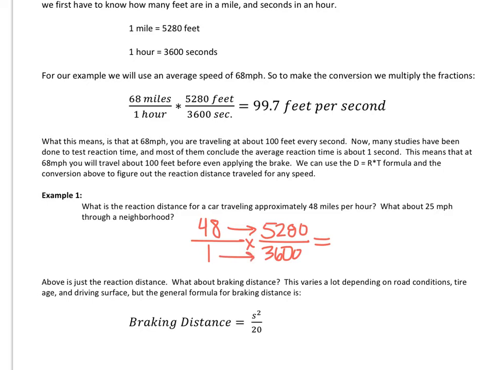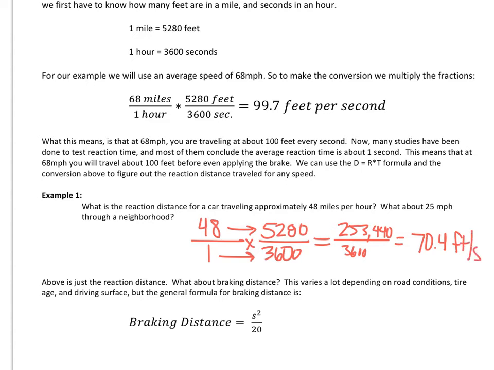And when you multiply fractions, you just simply multiply straight across. So 48 times 5,280 is 253,440. And then 1 times 3,600 is just 3,600. And then all you do is just divide the two. So then I'll divide by 3,600, and you get 70.4 feet per second.